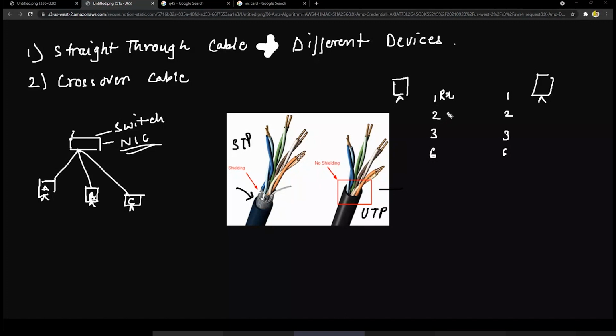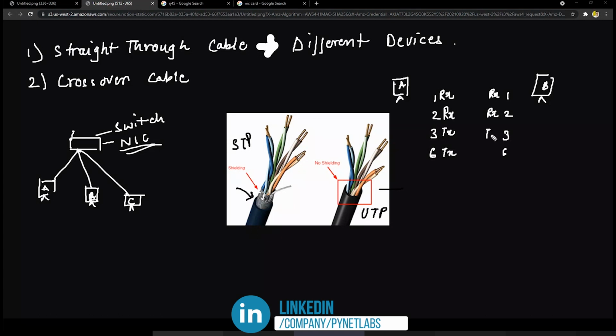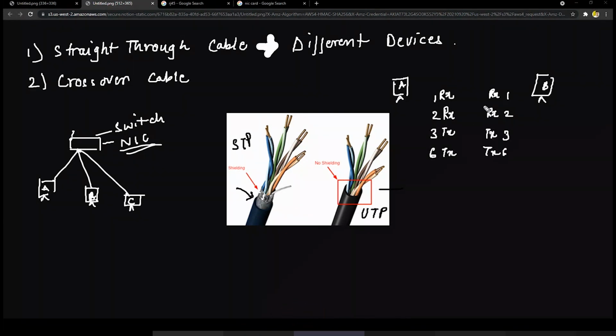I am writing RX for receiving and TX for transmitting. So the first pin acts as receiving, and the same for PC A, PC B's first pin acts as a receiving pin, and the second one also acts as the receiving pin. Then the third one we have as transmitting, then the sixth one transmitting.